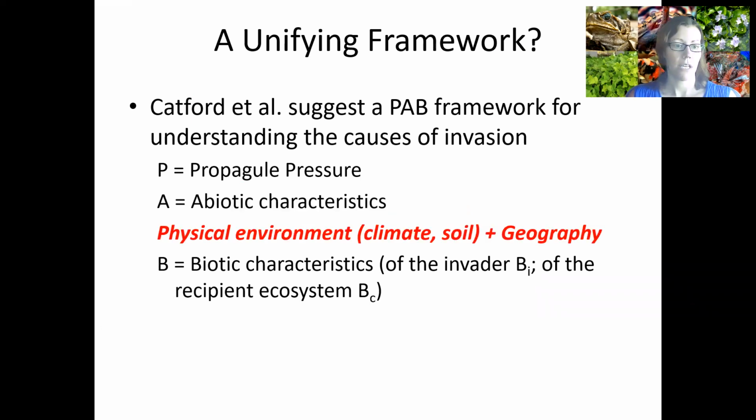Abiotic characteristics include the physical environment of the recipient ecosystem.